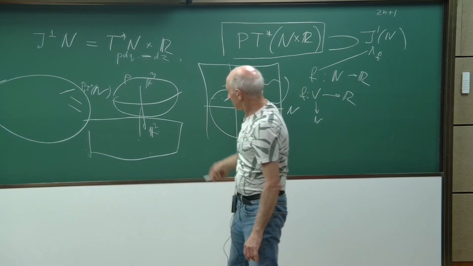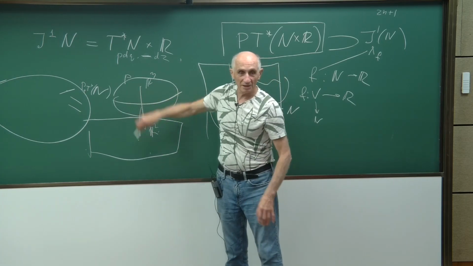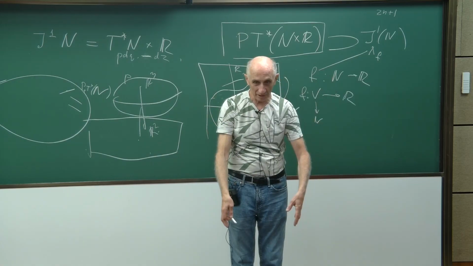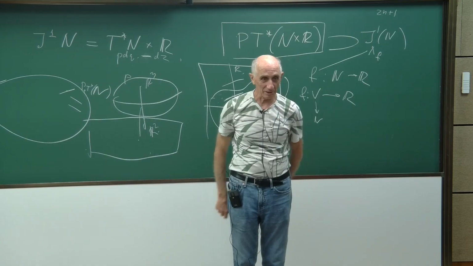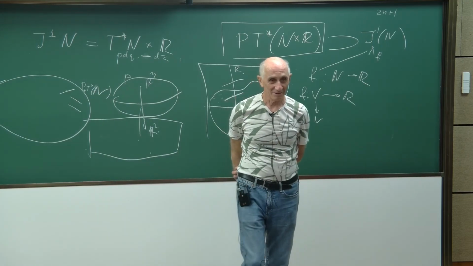In this case, I take, for instance, a sphere in R3, I project it to the plane, what kind of Legendrian does it generate in the plane? Front should be kind of the singularity set. Singularity. You're exactly right.